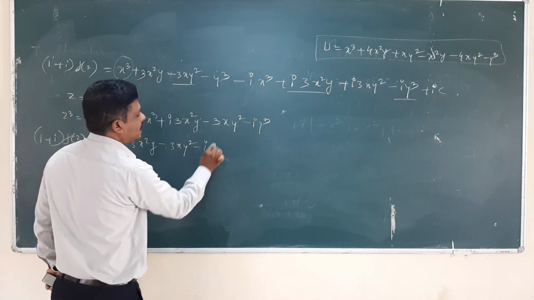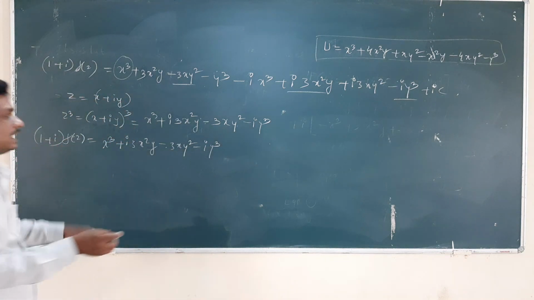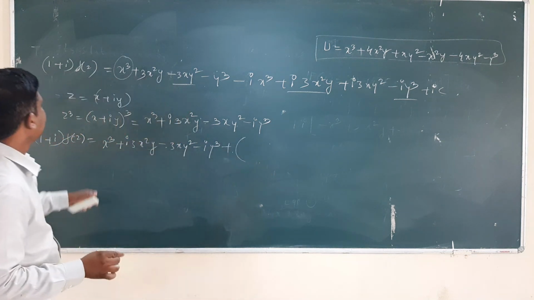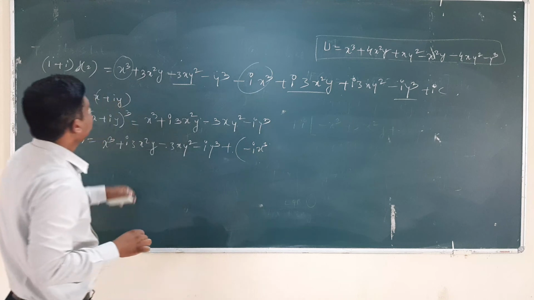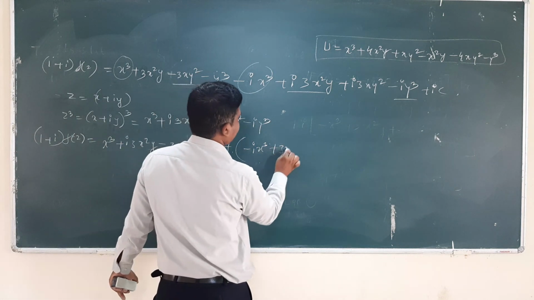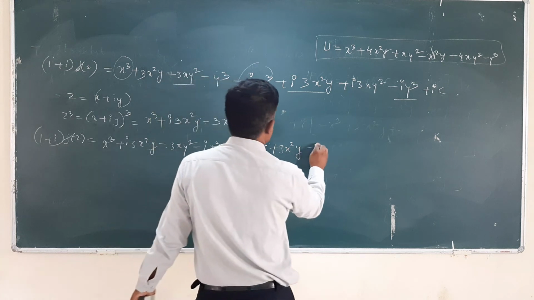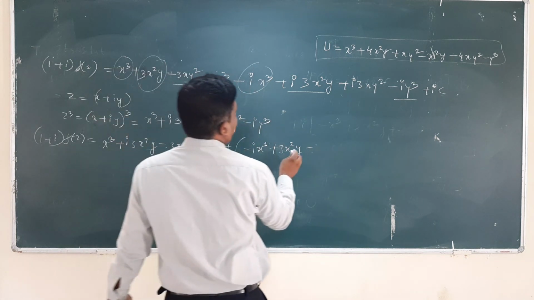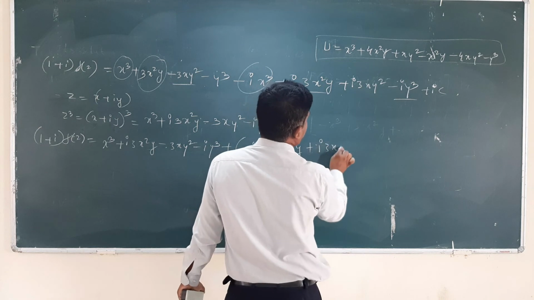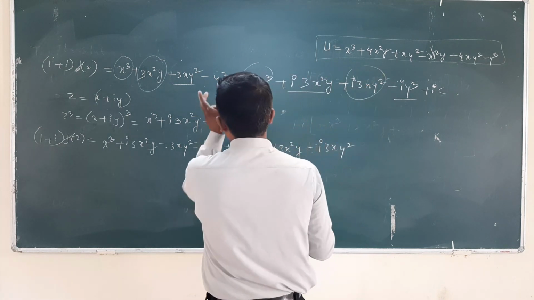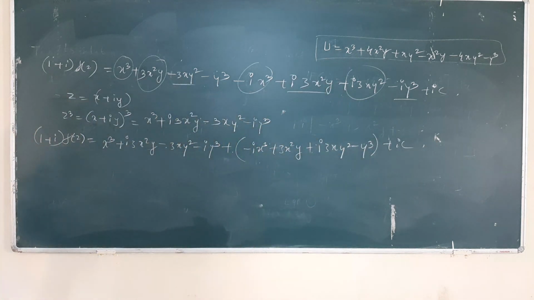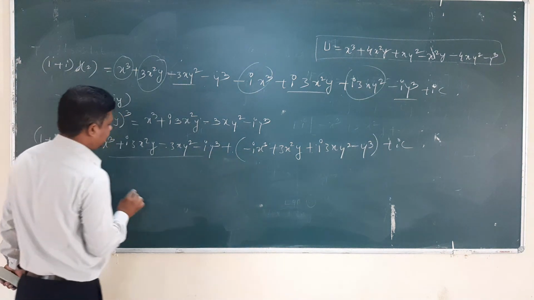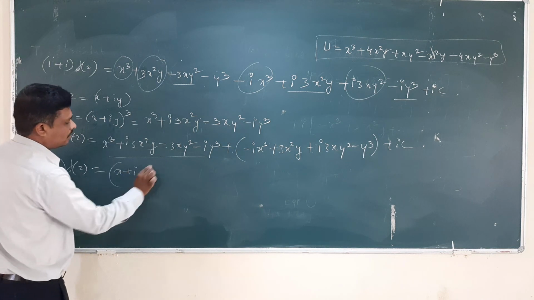Now we will write the remaining terms in another bracket: minus x cube, the first term, then 3x square y, then plus i 3xy square, the third term, and the last one is minus y cube plus i into c. So (1 plus i) into f of z is nothing but (x plus iy) whole cube.